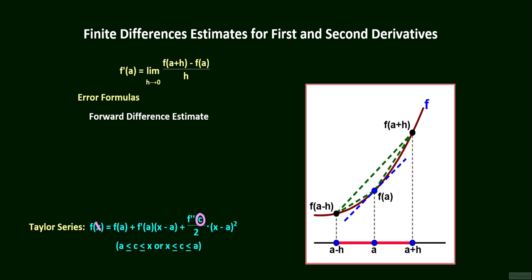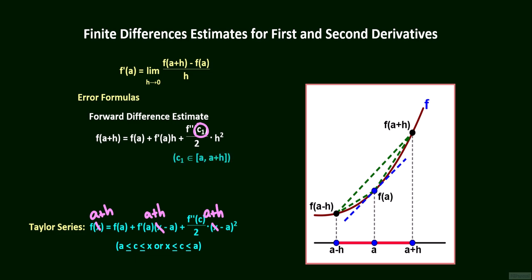And so taking x to be a plus h, f of a plus h equals f of a plus f prime of a times h plus the error term, which is equal to f double prime of c sub 1 divided by 2 times h squared. Here c sub 1 is a value between a and a plus h.